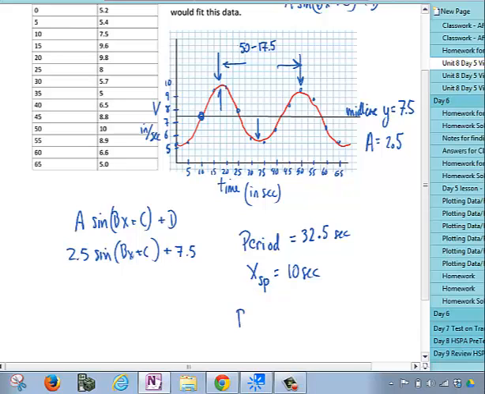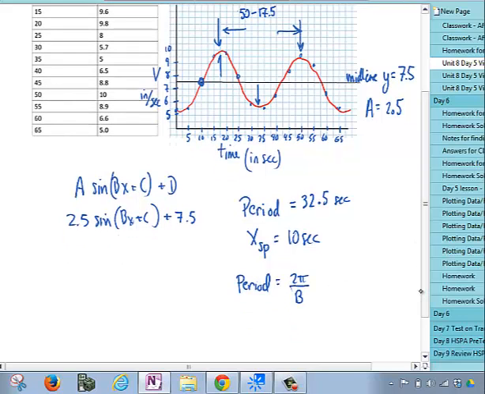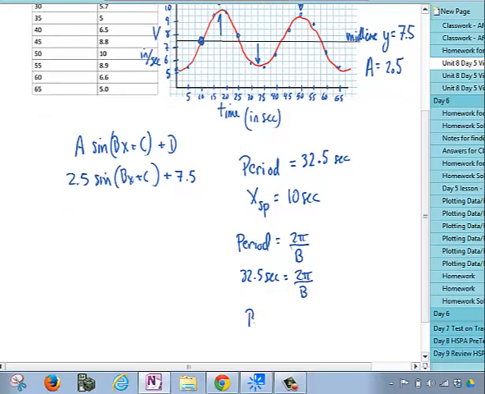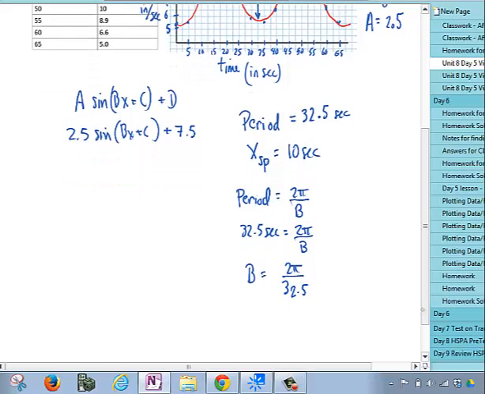Remember that the period is equal to 2 pi over B. Because the period was 32.5 seconds, we can calculate our B value. B is just going to equal 2 pi divided by 32.5.